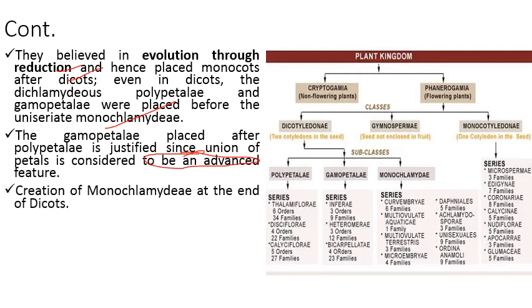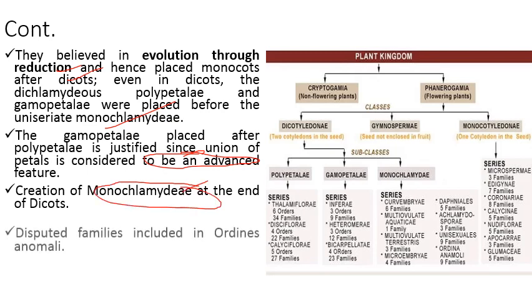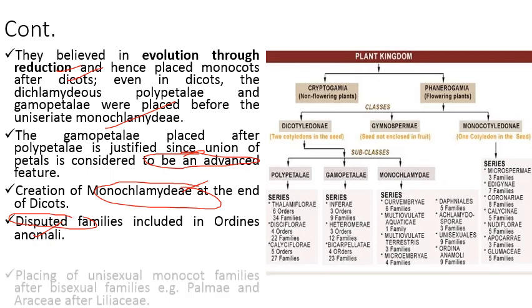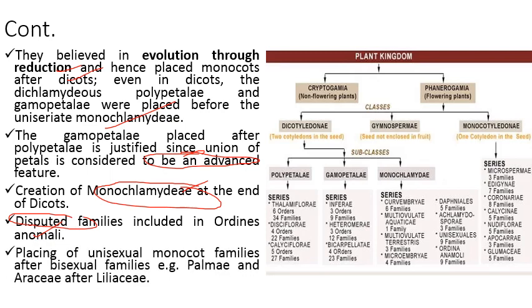Then creation of Monochlamydeae at the end of dicots is again a very important feature of this classification. Then disputed families were included in Ordines Anomali. Whichever families were disputed were placed in this, that is Ordines Anomali. Placing of unisexual monocot families after bisexual families, for example Palmae and Araceae after Liliaceae, is again an important feature of this system of classification.